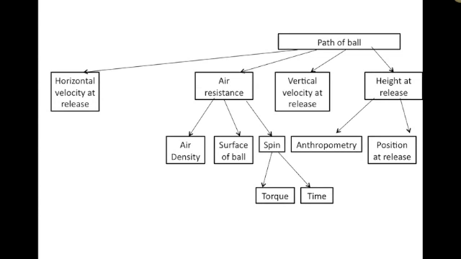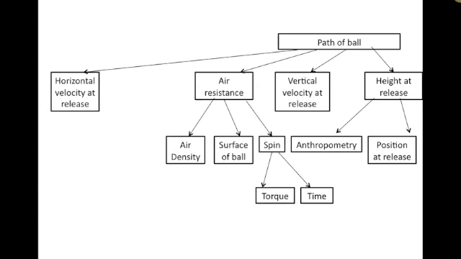Air resistance is affected by the air density, the relative velocity of the ball with respect to the air, the roughness of the ball's surface, and the spin on the ball. The spin on the ball at release is determined by the torque exerted on the ball by the pitcher's fingers during the pitching action and the time during which this torque acts.